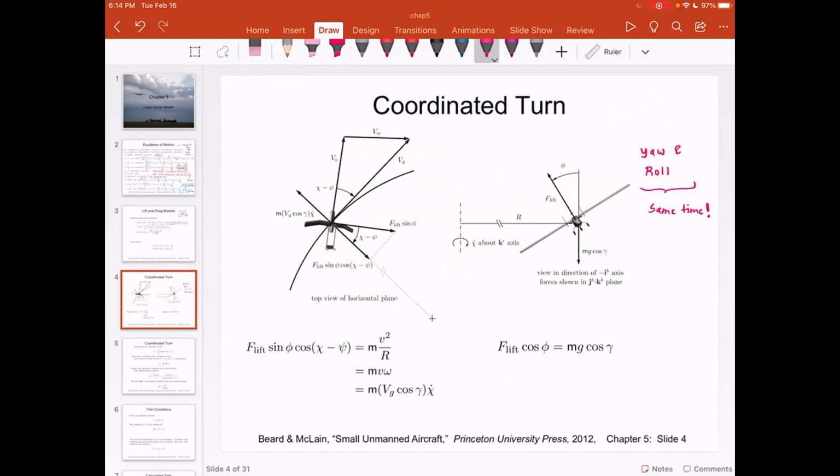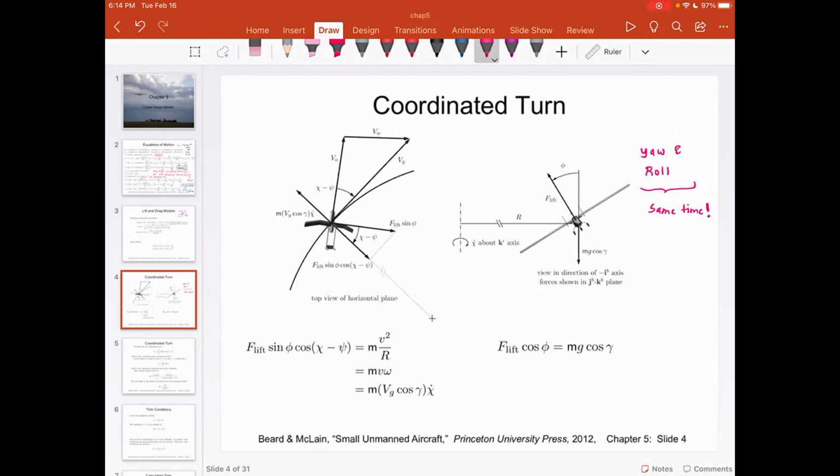If you have traveled by airplane, you have probably experienced this coordinated turn. Typically, if you land at Williams airport, which is next to the Polytechnic campus, after the mountains, to approach the runway, almost all the aircraft coming from the north have to do a coordinated turn so that the aircraft is aligned to the runway longitudinally.